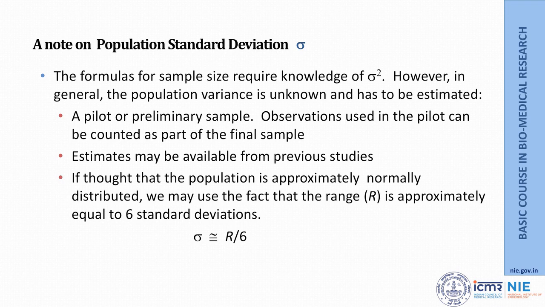An estimate from the pilot survey could be used, or you can use an estimate available from previous studies. And suppose you have a large data set available and you have the range of the data, assuming that it's normally distributed, you can get an approximate value of sigma as the range divided by 6. So, these are all ways of getting the value of sigma for your formula.